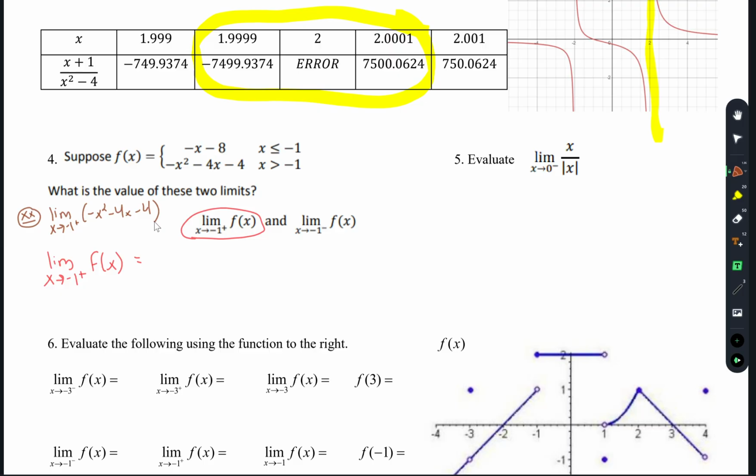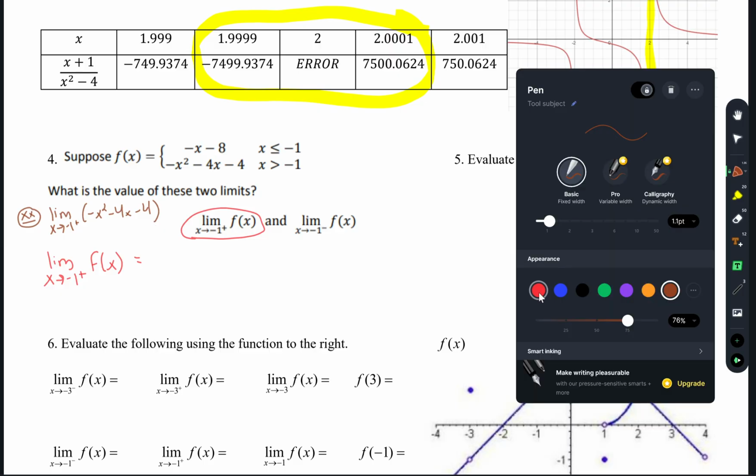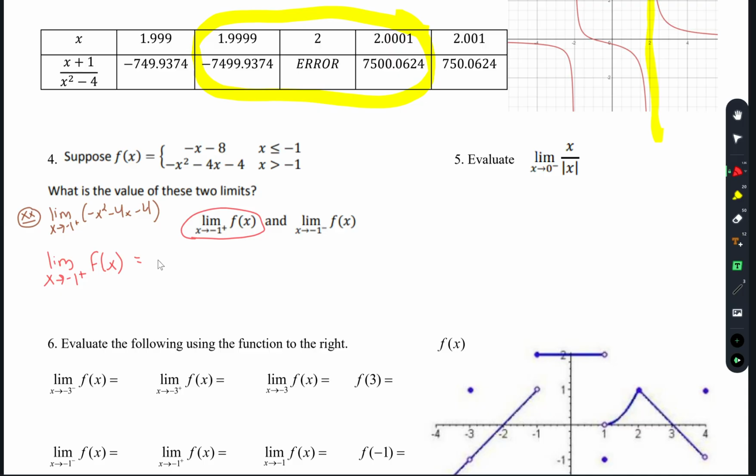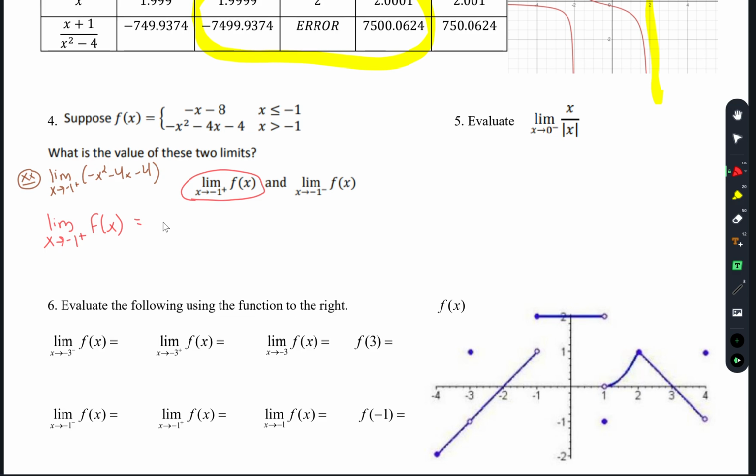Okay, so you write it as the f of x piece, and then you're going to plug it in. Now you can show that you're plugging it in because you're dropping the limit. So you're going to plug in the -1 minus 4 times -1 minus 4, and then get a little anxious with all the negative signs, but you then evaluate it. So again, oh, I didn't go here. So this is from the right.